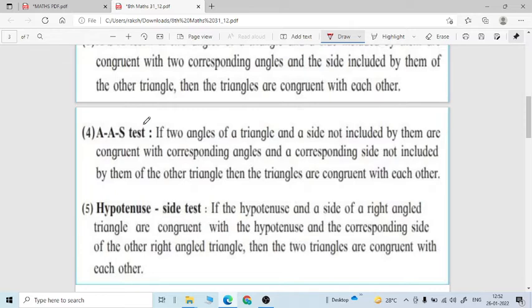Right angle triangle means hypotenuse side, it is fixed. Both triangles are right angled and the sides are also same. Then it is called the hypotenuse side test.